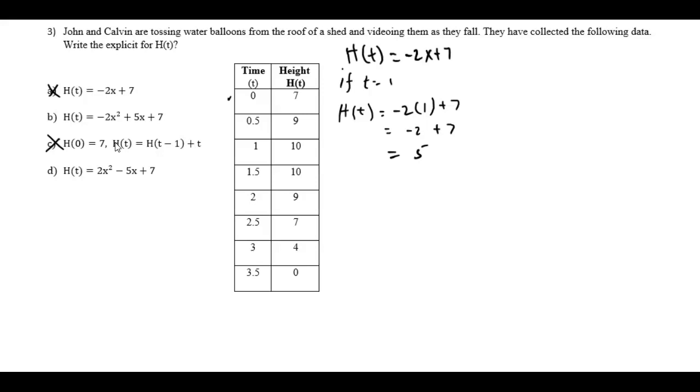So let's try the second one, h of t equal negative 2t squared plus 5t plus 7. There was a mistake here, I believe.